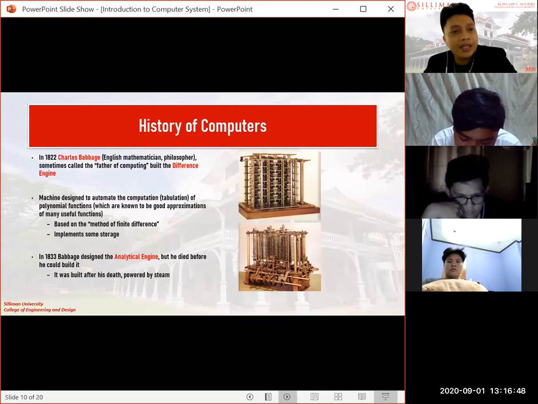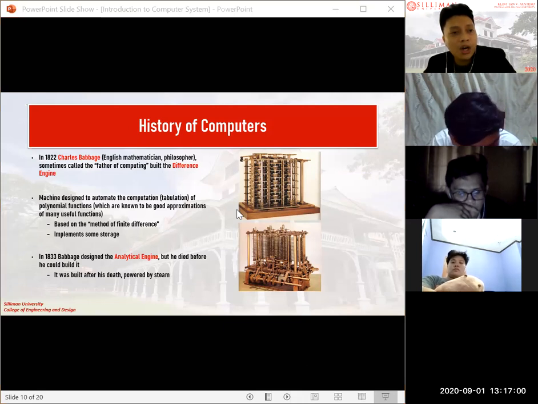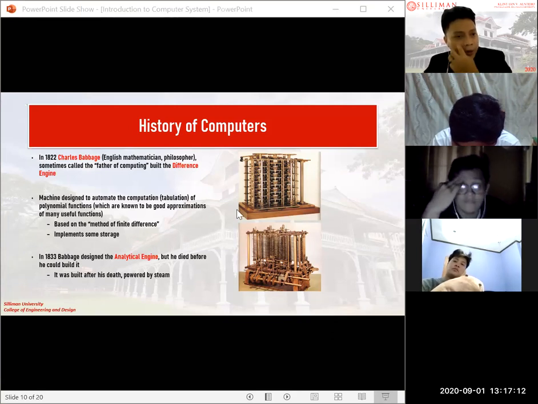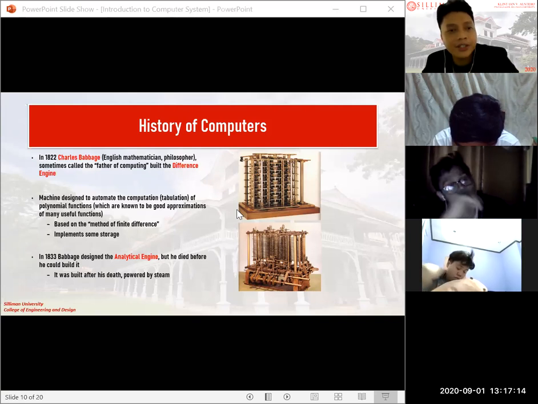So this is still the age where computers are still in the mechanical part. In 1822, Charles Babbage made his difference engine, a machine designed to automate computation and tabulation of polynomial functions, which are known to be good approximations of many uses and functions.